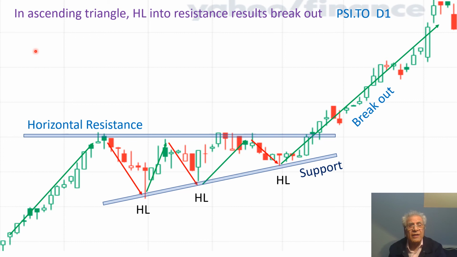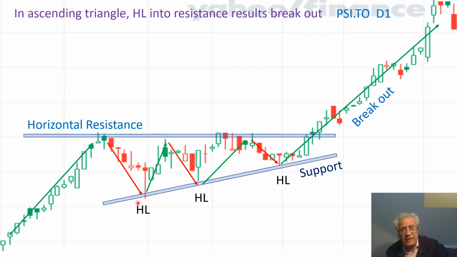This is an ascending triangle, and in an ascending triangle, one side is horizontal, which here acts as resistance. The other side is going upward, and the price is all the time making higher, higher, and higher lows. Now, when the price entered this triangle, it hit the resistance and got rejected by this inverted hammer or shooting star, and the price went down.